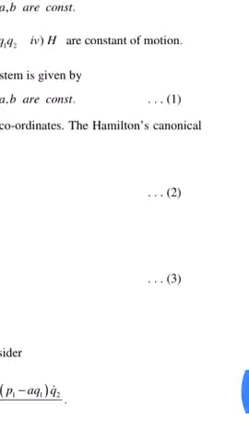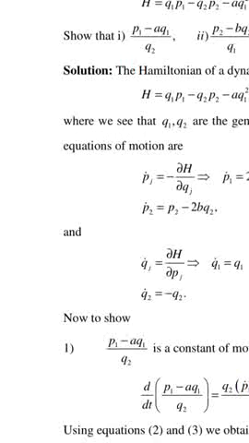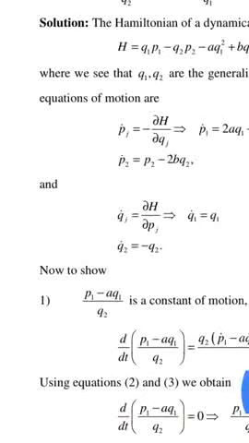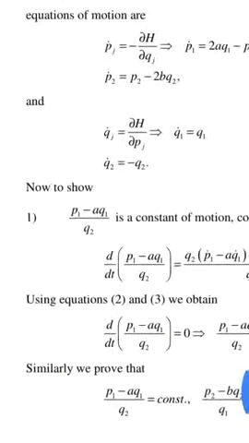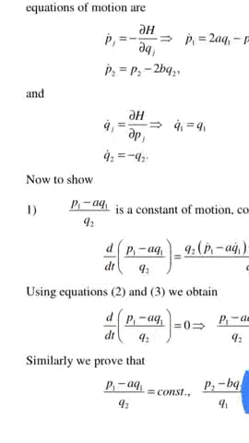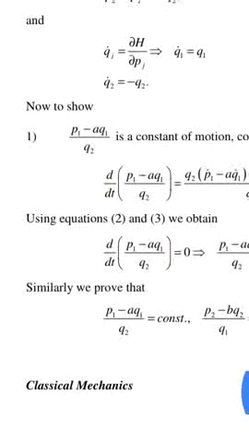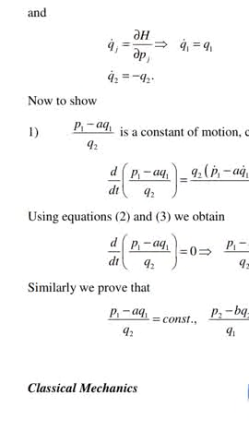The Hamiltonian canonical equations of motion are Pj dot = -∂H/∂Qj, so P1 dot = 2aQ1 - P1 and P2 dot = P2 - 2bQ2, and Qj dot = ∂H/∂Pj, so Q1 dot = Q1 and Q2 dot = -Q2.